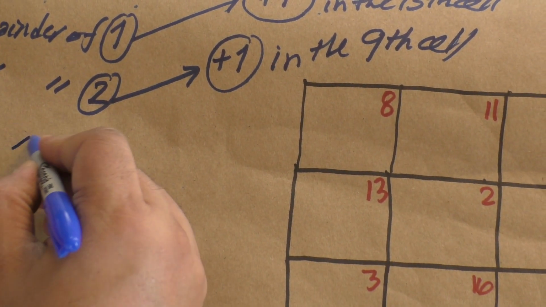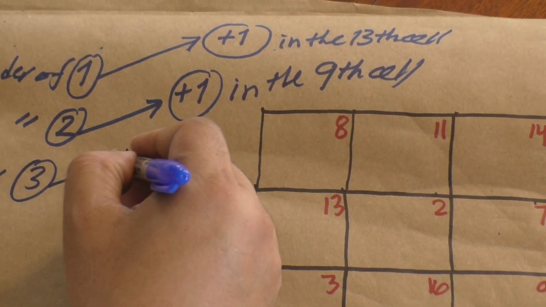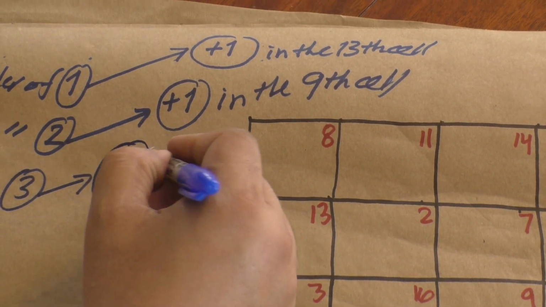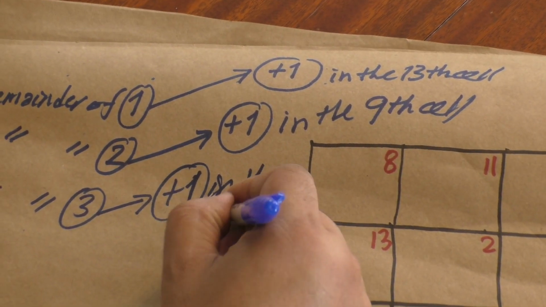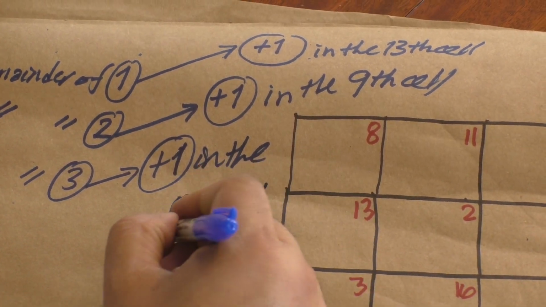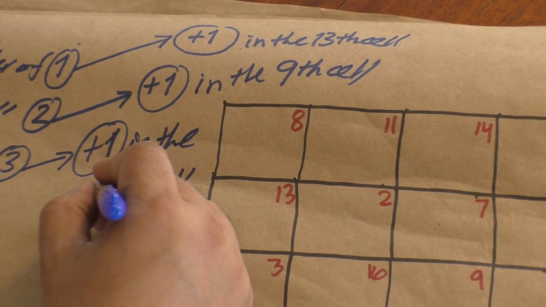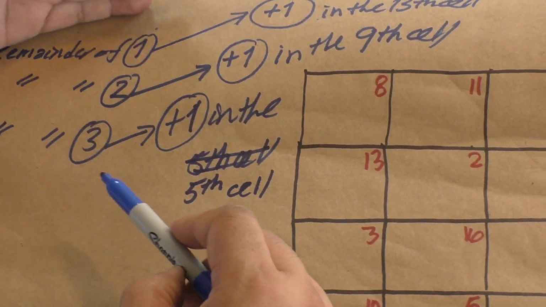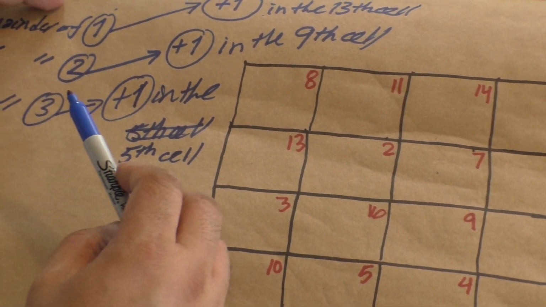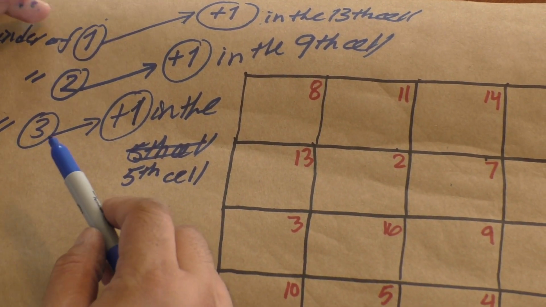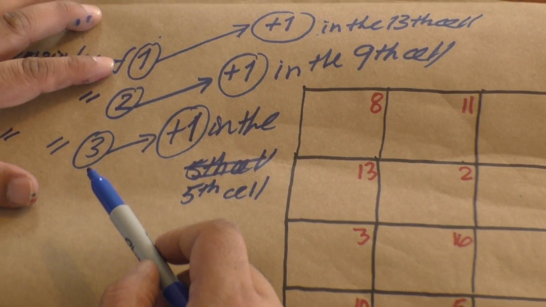And then if you have a remainder of 3, then you will increase by 1 in, ran out of space there, in the 5th cell. That's a 5. In the 5th cell, okay? So that's the procedure you have to follow. So I'm going to do 3 examples, all right, where we'll have each of these kinds of remainders to show you what is happening.